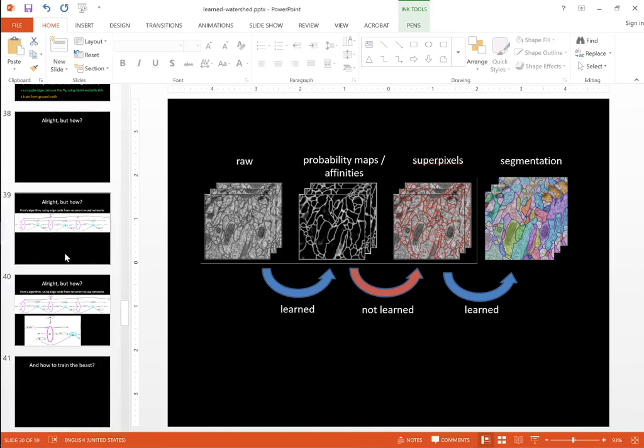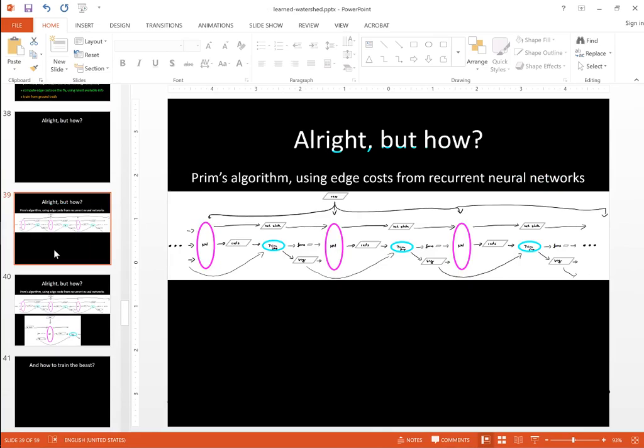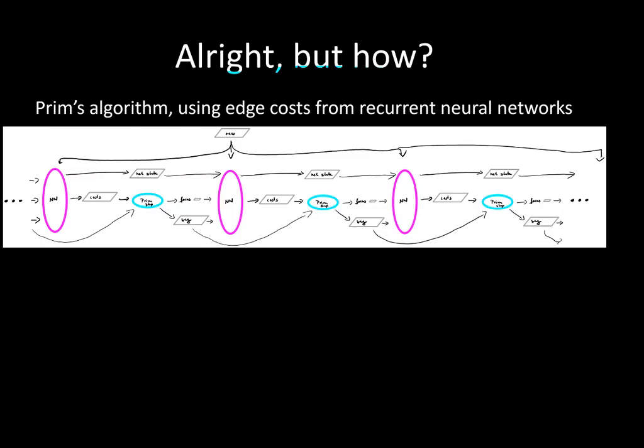Now, we use this idea to unroll this into a neural network. So we keep the structure of the basic algorithm. It was not Kruskal, it was Prim's algorithm. Excuse me.